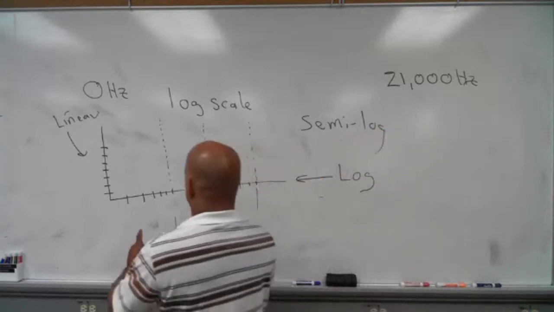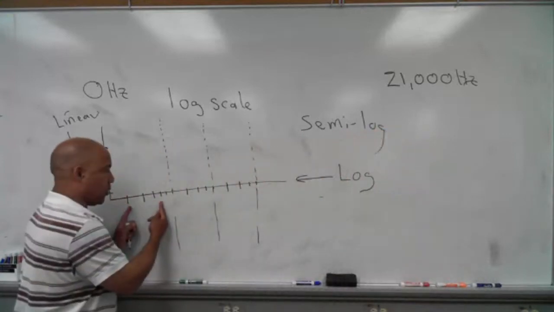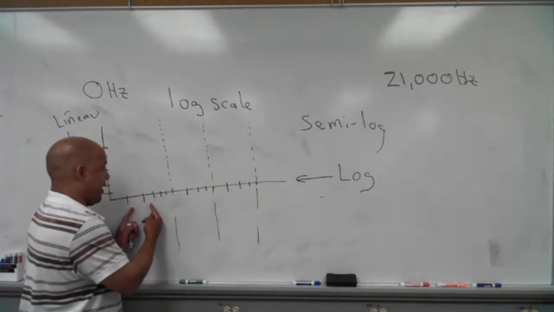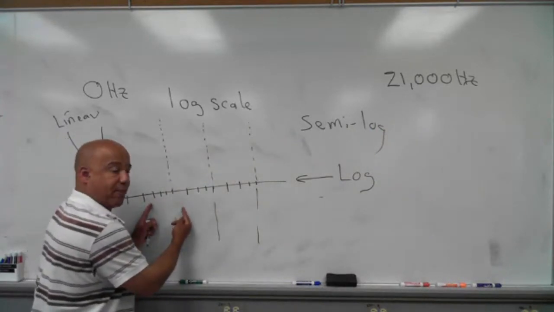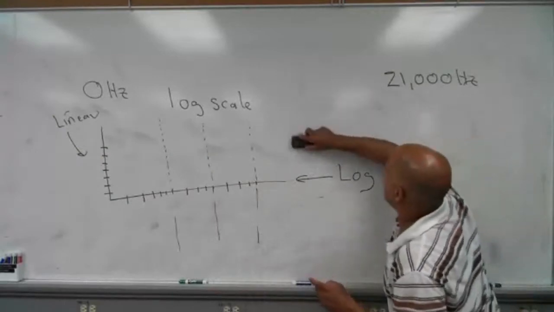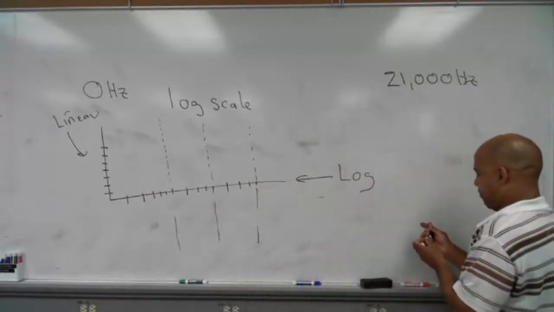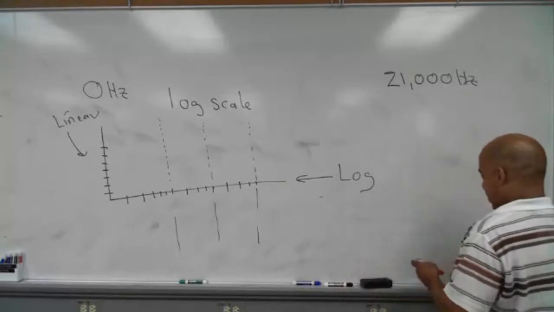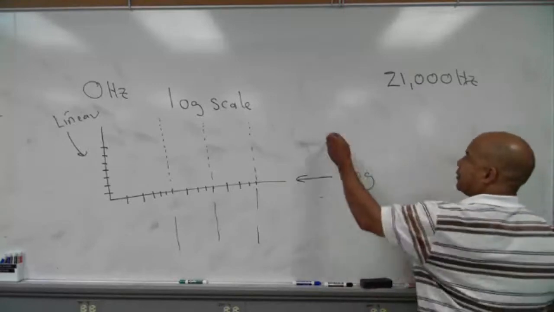Basically, by making the tick marks closer and closer together as we move from left to right, imagine that I have a linear scale.